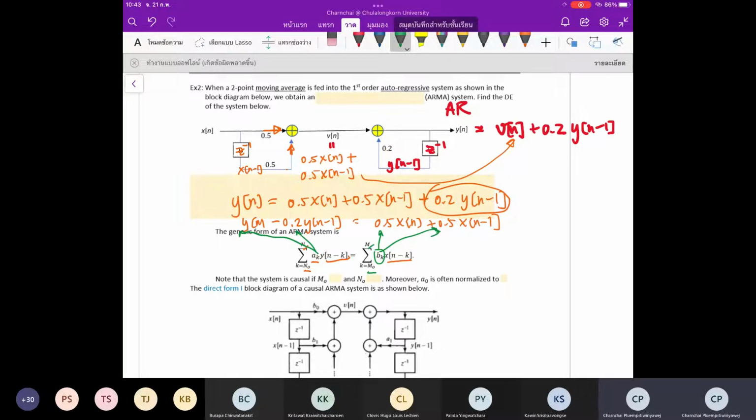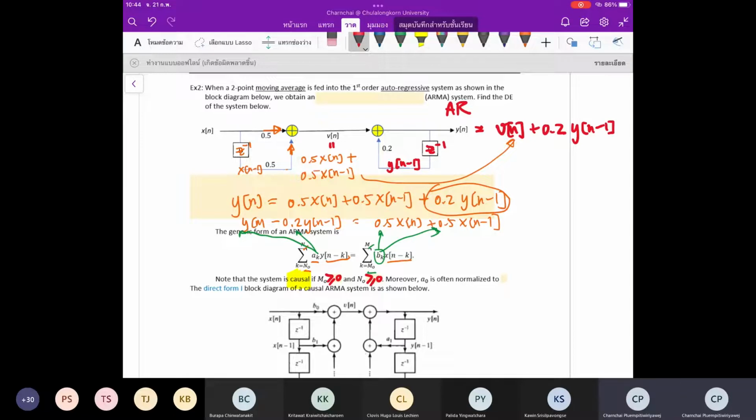However, if the system is to be causal, what's the value of M naught and N naught? It cannot be negative, right? So this has got to be more than or equal to 0, on both. You can start from 0.